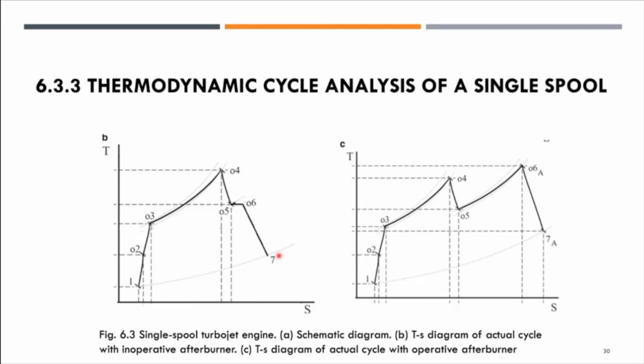The TS diagram is shown here, without afterburner, from 1 to 2, 3, 4, 5, 6, and 7, and the other one is with the afterburner.